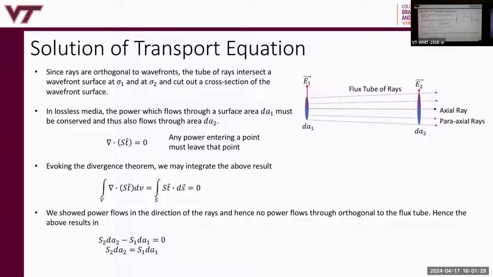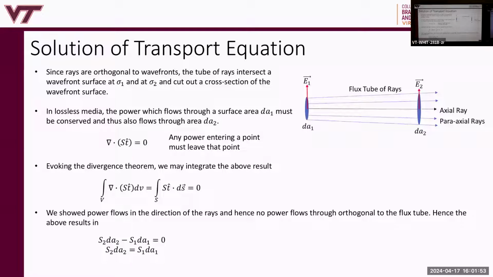Today we're going to solve the transport equation. The transport equation governs the electric field amplitudes along the ray. By solving this, we'll be able to come up with a formula for how to propagate the amplitude vectors E along a ray. Since rays are orthogonal to wavefronts, the tube of rays intersects a wavefront surface at sigma 1 and at sigma 2.